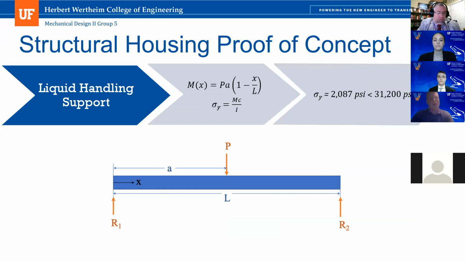Then our additional proof of concept was to ensure that the truss that's supporting the liquid handling system was going to be able to support the weight of those systems.